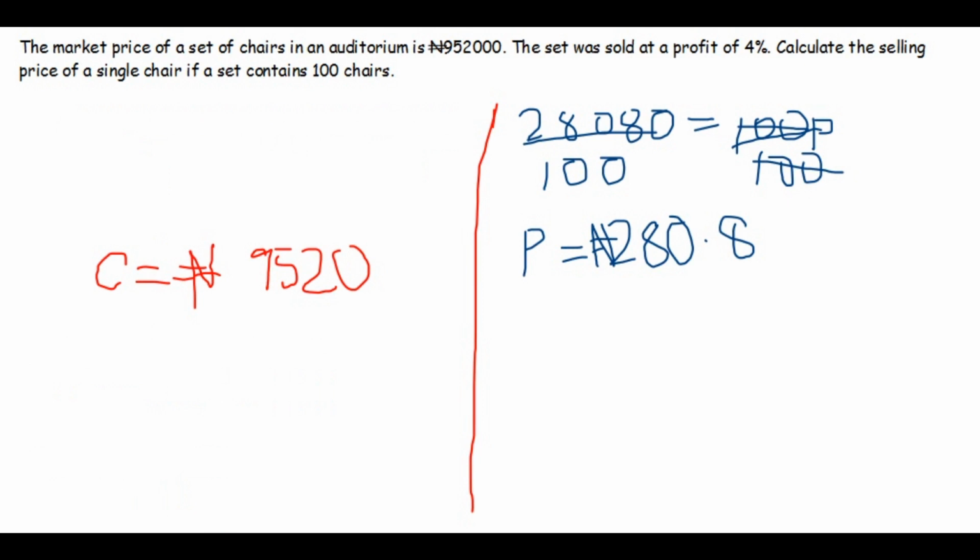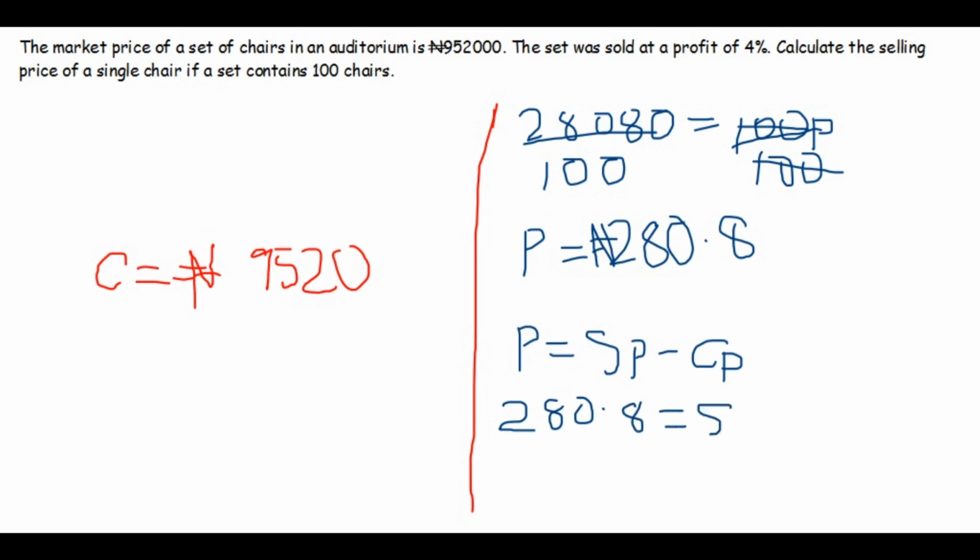Now we are to find the selling price of a single chair. Remember that profit is equal to the selling price of an item minus the cost price. So 380.8 is equal to the selling price, which is unknown, minus the cost price, which is 9,520.